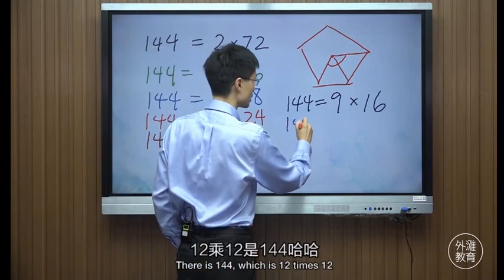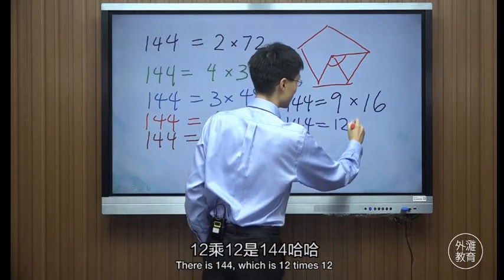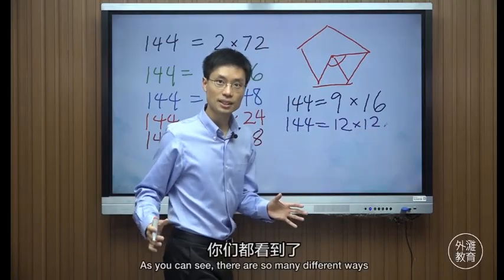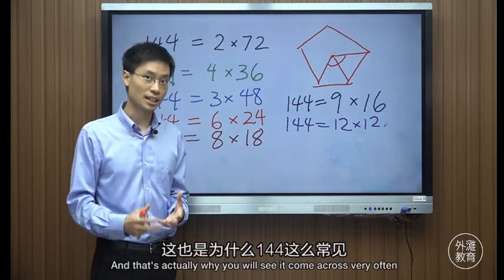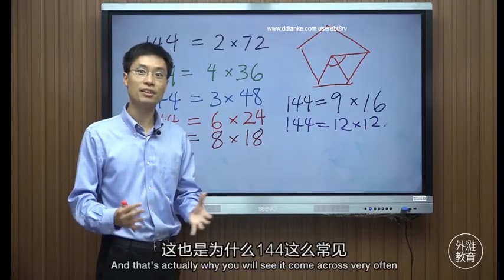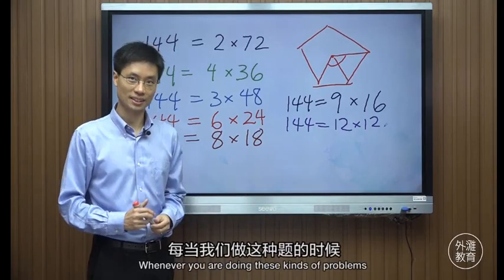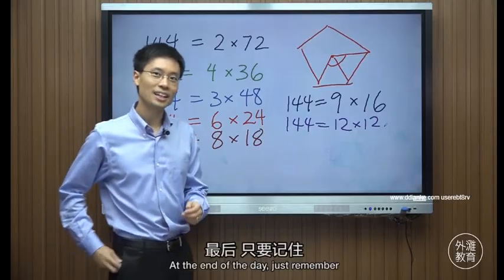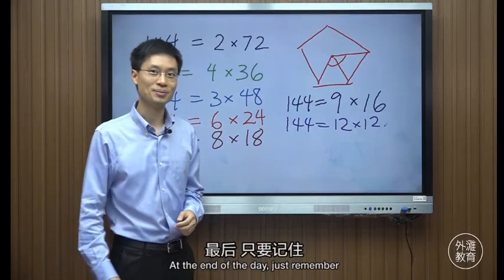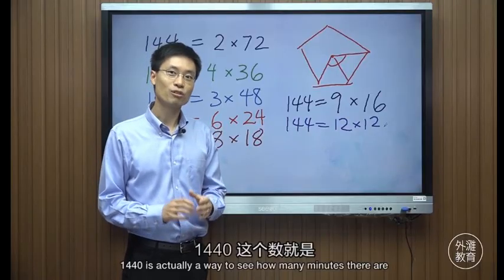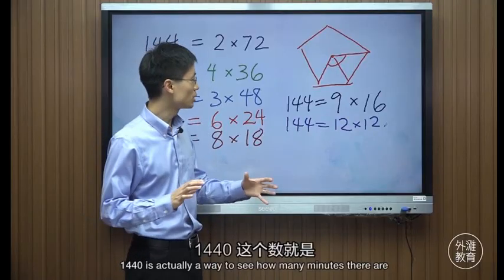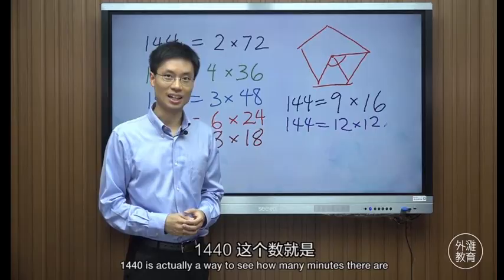And of course, there's 144, which is 12 times 12. As you can see, there are so many different ways of making this 144. And that's actually why you'll see it come across very often whenever you're doing these kinds of problems. At the end of the day, just remember, if you're doing a problem with minutes and days, 1440 is actually a way to see how many minutes there are in the whole day.